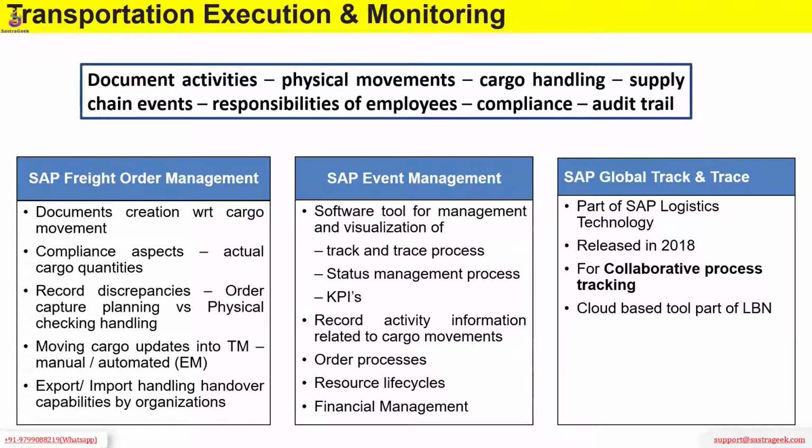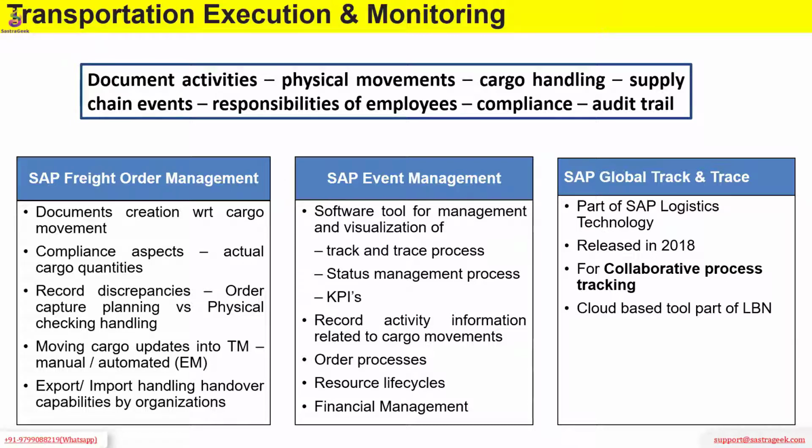So essentially, the objects to be considered for event tracking could be from a process perspective. You may want to track a freight order, or whatever document is applicable, such as a freight unit, or you could track a particular container or a handling unit or things like that.